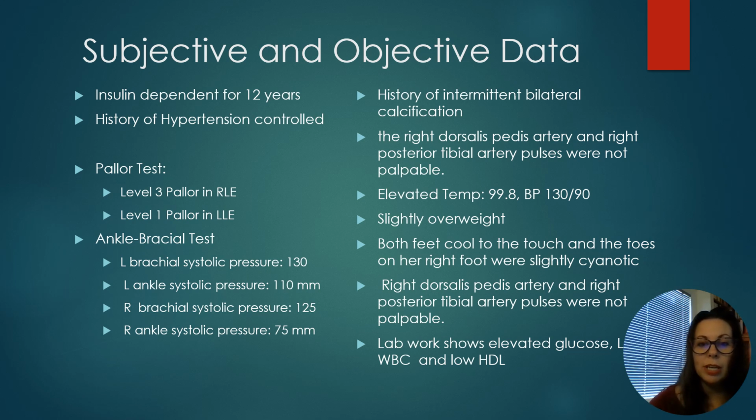She does have a history of intermittent bilateral claudication, and her right dorsalis pedis artery and right posterior tibial artery pulses were not palpable. She had a slight fever of 99.8, which probably points to an infection, and both feet were cool to the touch, and her toes on her right foot were slightly cyanotic.